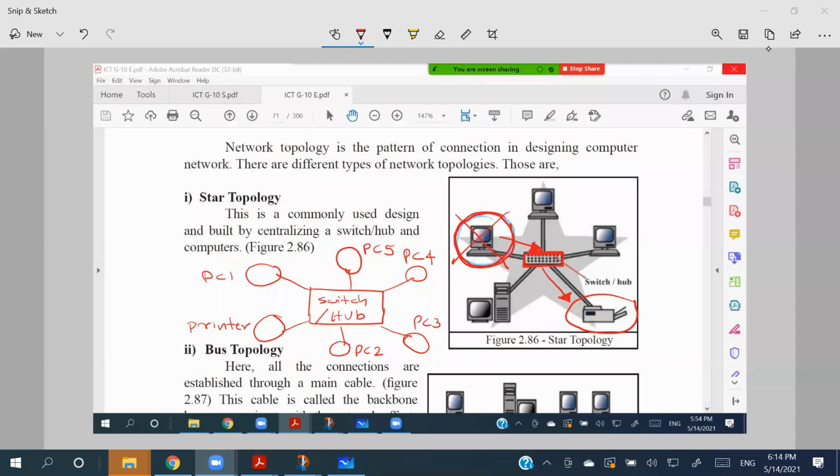Is there anyone still writing this? Just let me know. Otherwise, we can move to the second topology. Okay, so I'm moving to the second topology.